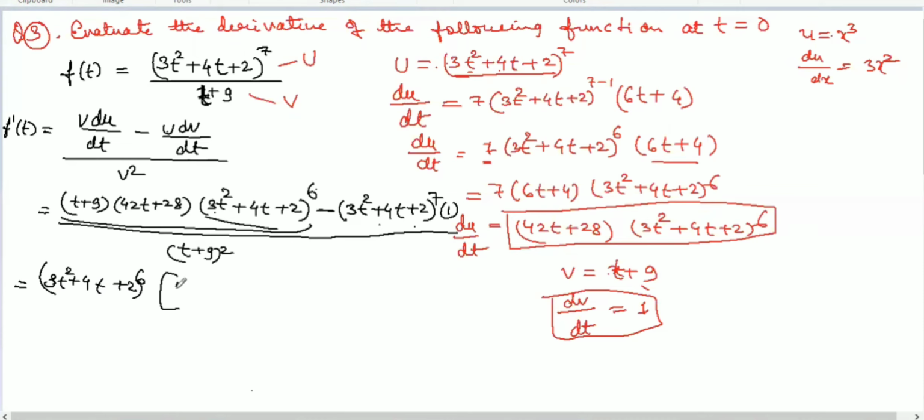Now whatever is left here, t plus 9 multiplied by 42 plus 28, and then minus 6 times goes out. We took 6 times out. Now we have 3t square plus 4t plus 2 to the power 1. You can write it down or not, it doesn't matter.